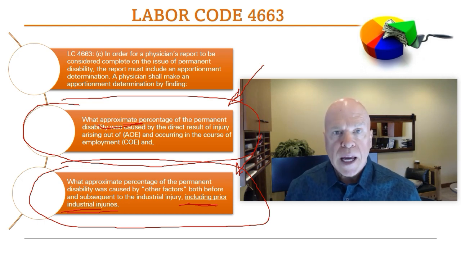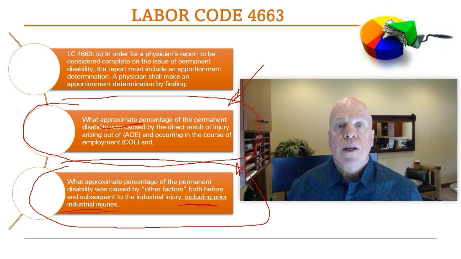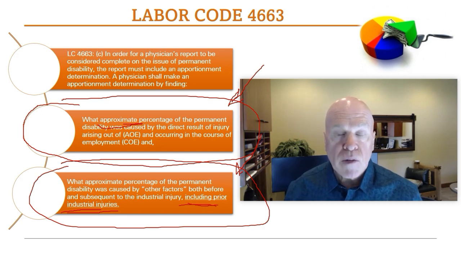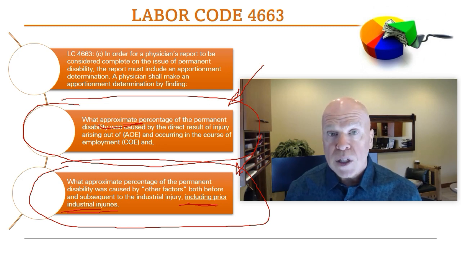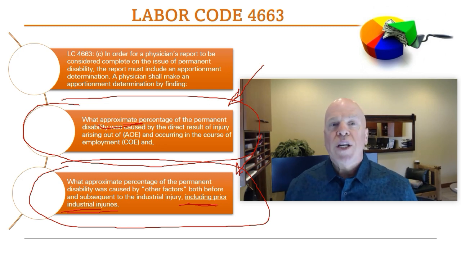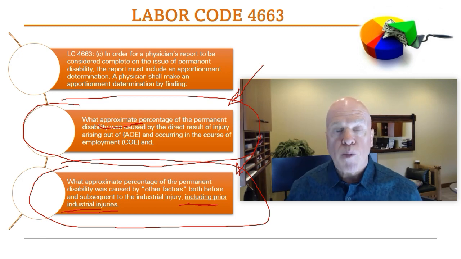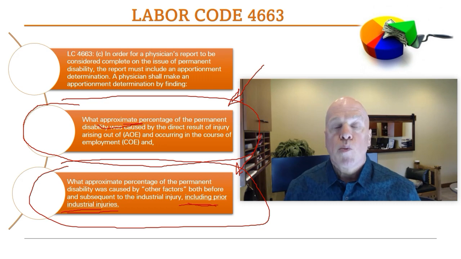And back in the day, prior to the passage of this particular section of the law, an employee could have a prior industrial injury, could receive a permanent disability award or settlement for that injury, and then could claim a medical rehabilitation from that injury, such that at a later time, with a re-injury to the same area, the employee could receive a brand new settlement, a brand new disability award, as if there was no prior problem whatsoever.